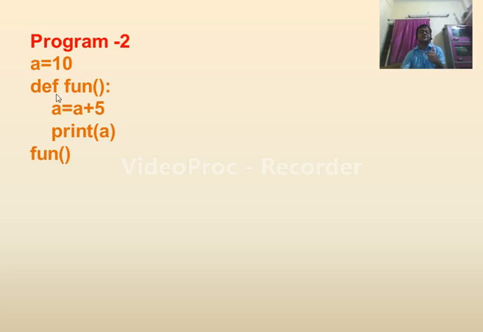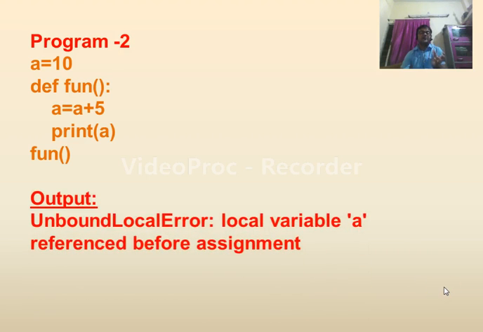Because the global variable declared outside is not accessible here. Python thinks a is not declared, so an error will be generated: UnboundLocalError, local variable a referenced before assignment.